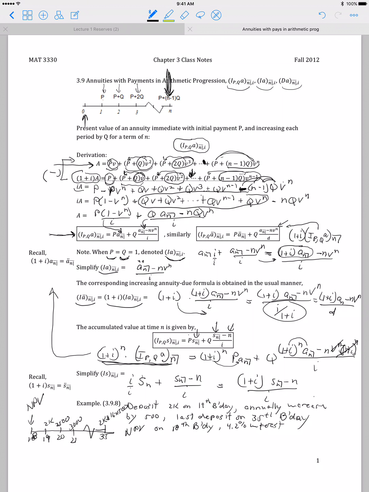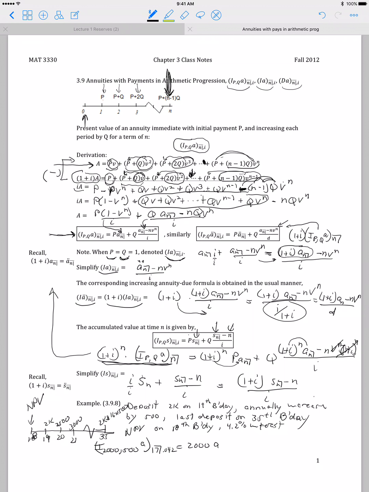And so, we want to calculate the value of the symbol (I 2,000, 500 A) 17 at 4.2% interest. So we just want to calculate the value of that symbol. So we use the very first formula in the box above.